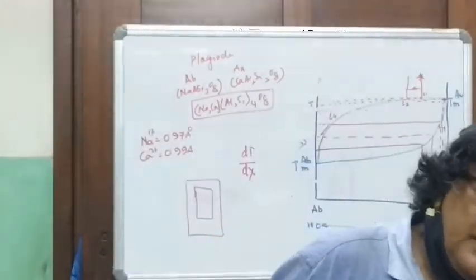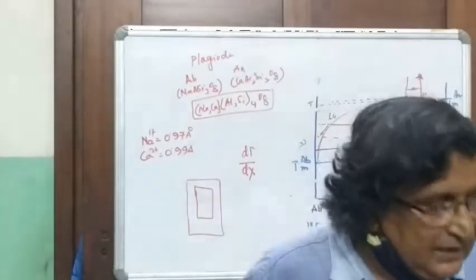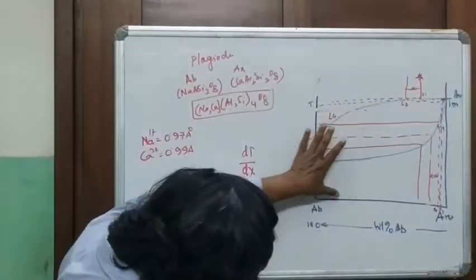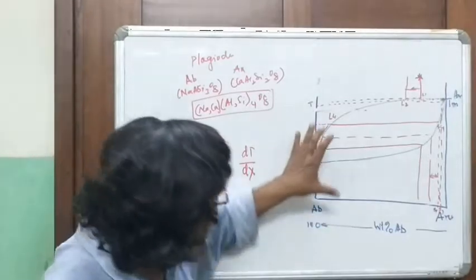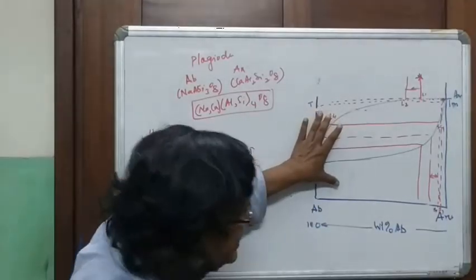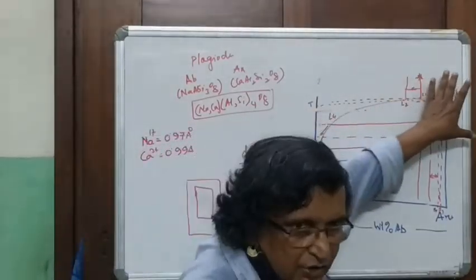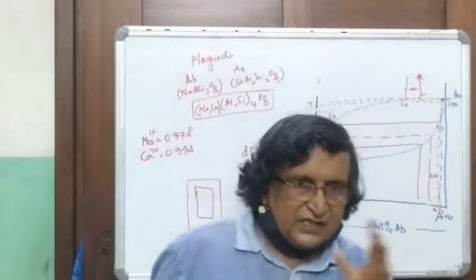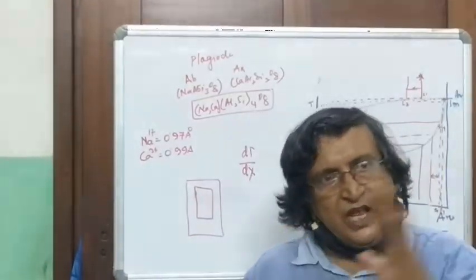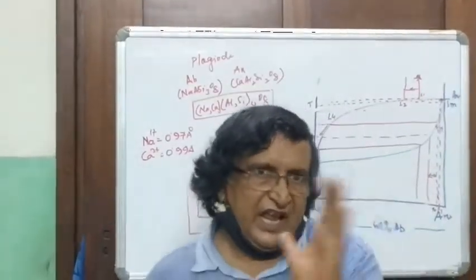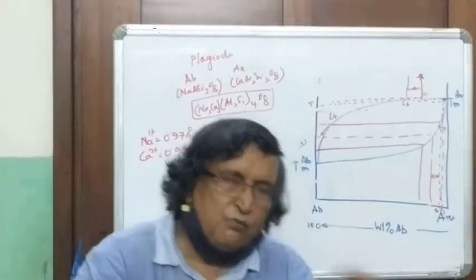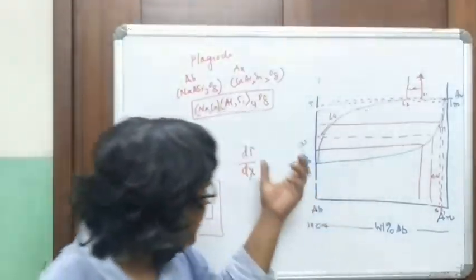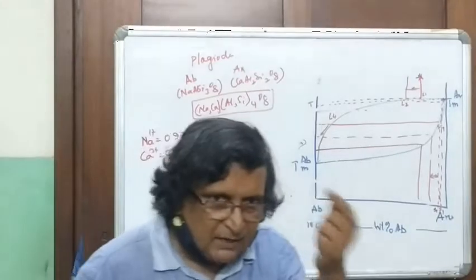Do you understand? So what will happen? And the temperatures are also low. The temperature on this side is much lower than that of anorthite. So obviously this type of exchange, NaSi plus CaAl exchange, will be much more difficult to attain at lower temperature. That's point number one.